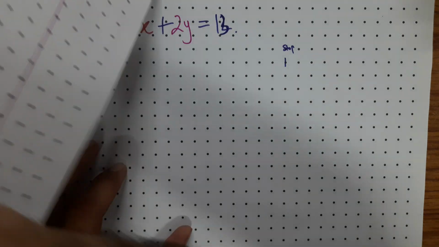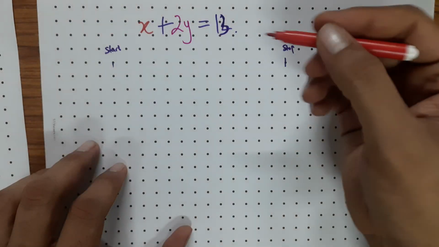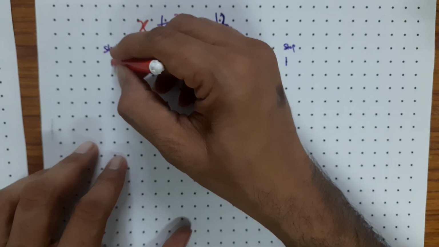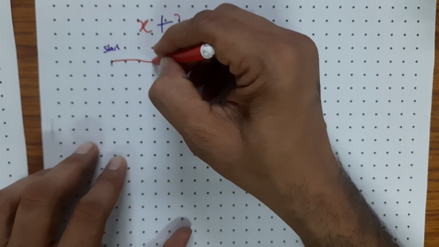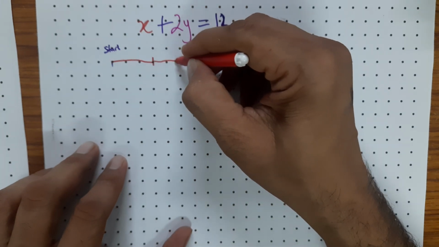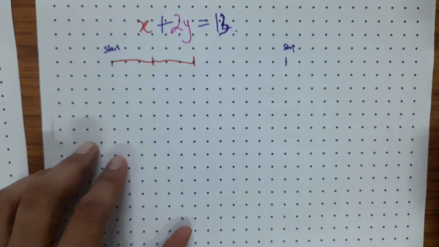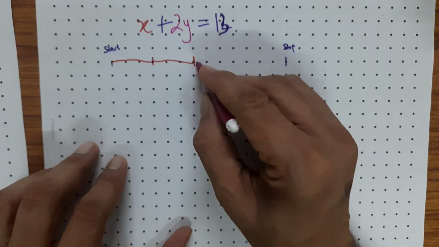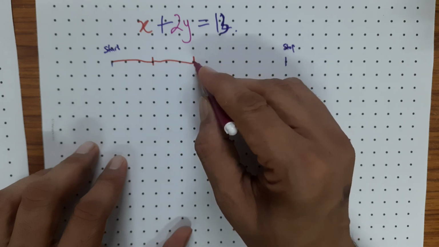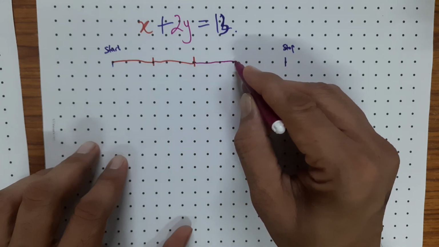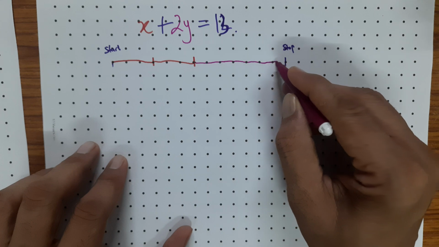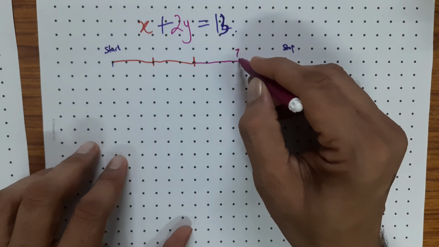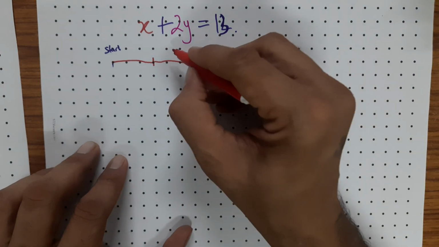So you can draw different lengths of x. So you can say, okay, my x is 3. And then what is left for y? 6 is gone, 7 is left, right? Then 7 will be y and x will be 3.